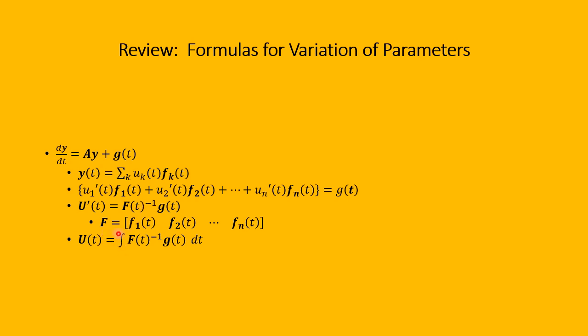So f is the matrix with the functions coming from the eigenvectors, the solutions corresponding to each eigenvector or generalized eigenvector. And u of t then we can find by integrating this integral of f of t inverse g of t dt.